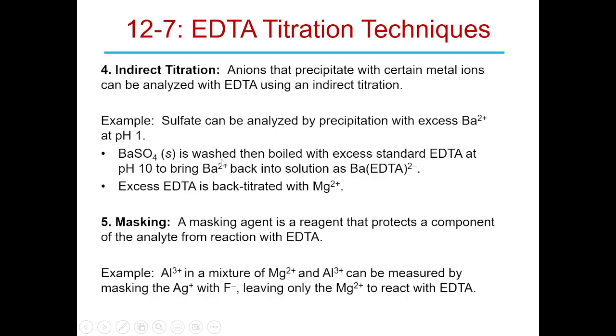This will bring the barium 2+ back into solution as the barium EDTA. The excess EDTA is then back titrated with magnesium. That back titration will give us the amount of the barium that had precipitated the sulfate, right? And once we have that barium, we have a stoichiometric amount of the sulfate.